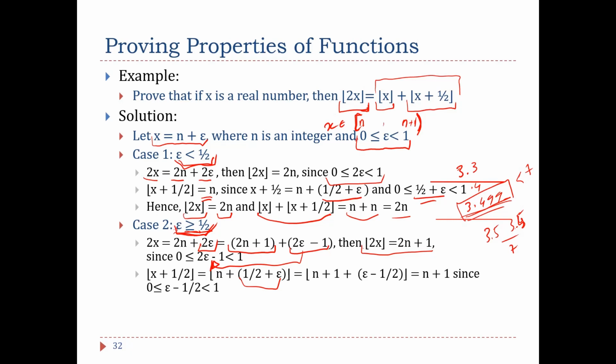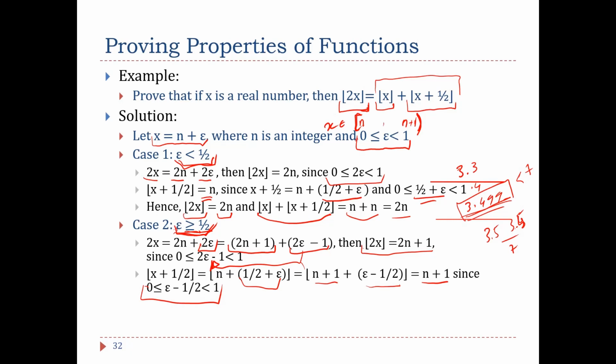So which means that the floor of n plus half plus epsilon is equal to the floor of n plus 1 plus epsilon minus half, okay? And which is equal to n plus 1, since we have this inequality here.